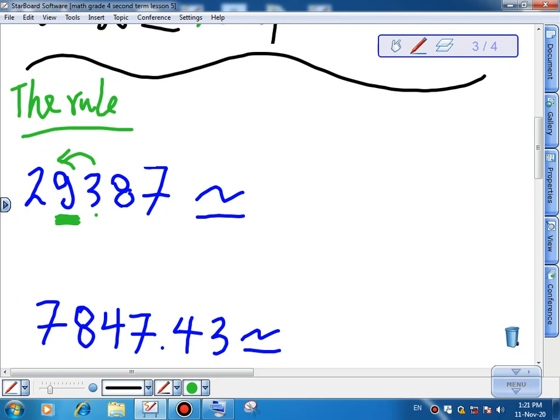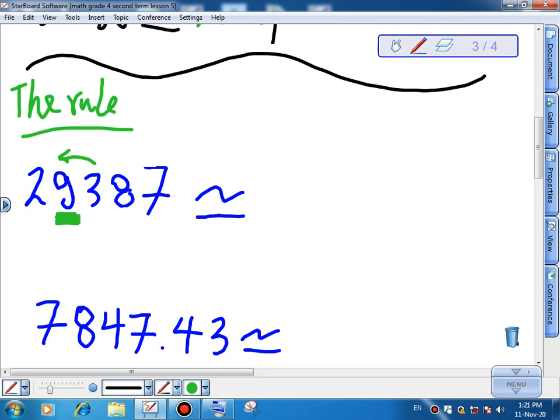Okay? So we underline the number 9, and the digit before thousands is the hundreds place, which is the number 3. Is 3 a weak or a strong number?